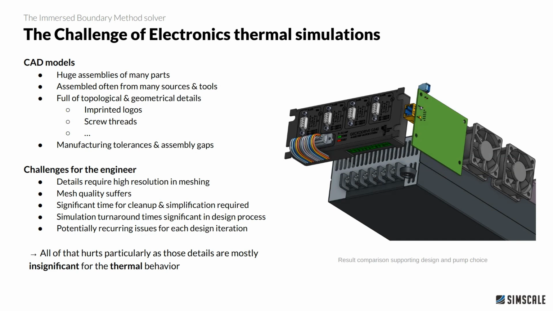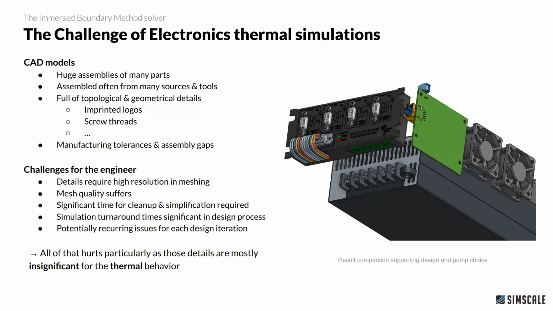So as an engineer, you either need to invest a huge amount of cells, meshing elements, to resolve these very detailed CAD models, if even possible from a quality standpoint, or you need to invest a lot of time, either to simplify your CAD model, or to spend a lot of time in the meshing details to get to a reasonable amount.